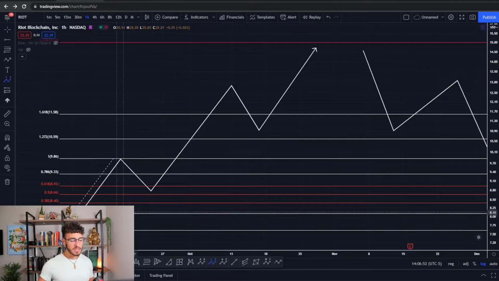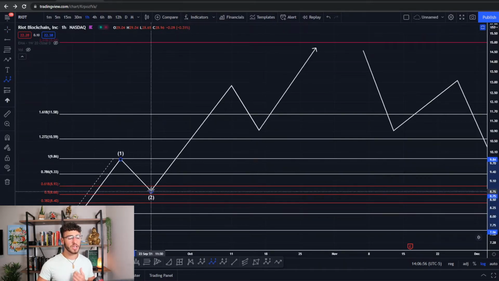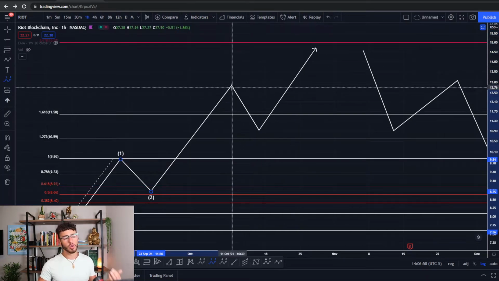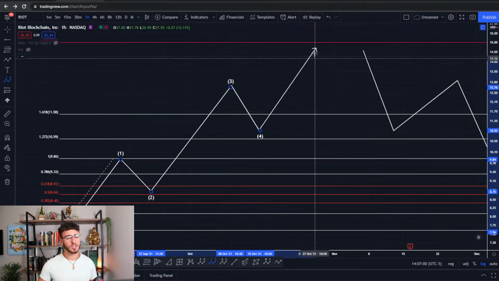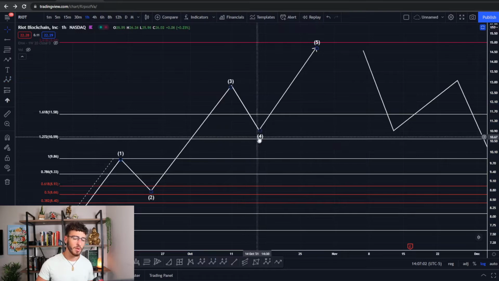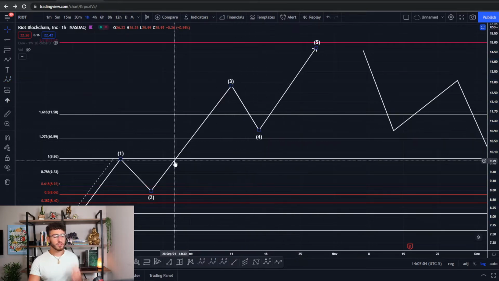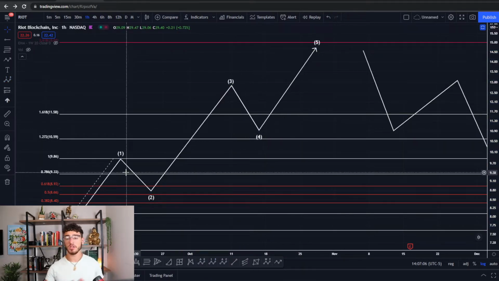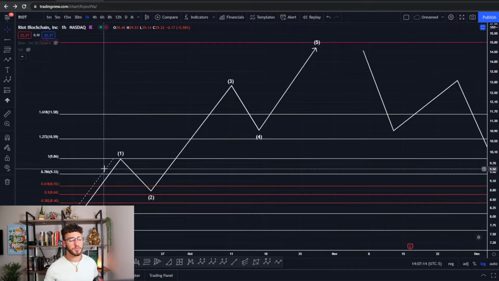The reason I did this and technically drew the tool backwards is because I'm looking for extensions to the upside. If you draw the tool regularly, it will show extensions to the downside, but it still works in the same idea. After we know that wave 3 always is the longest wave, and it is usually 1.618 or higher from wave 1, we have a general idea of where wave 3 will end.